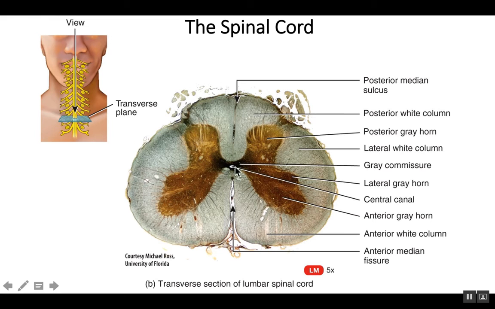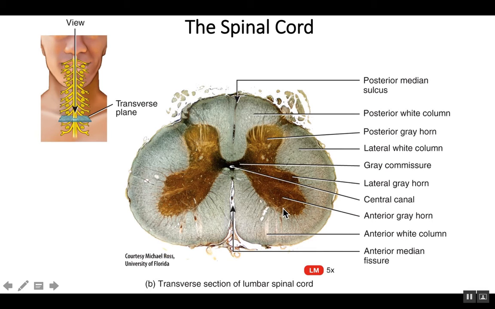You'll also notice there's a cross bar here called the gray commissure. A commissure is a way that neurons can get from one side to the other side. There's a lot of neurons that cross over. To cross over to the other side, we often use the word decussate.